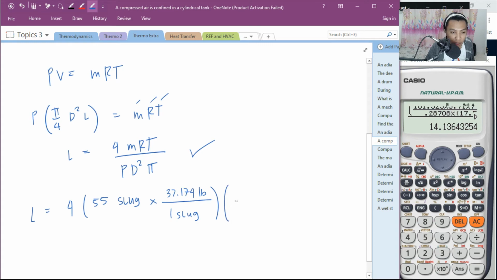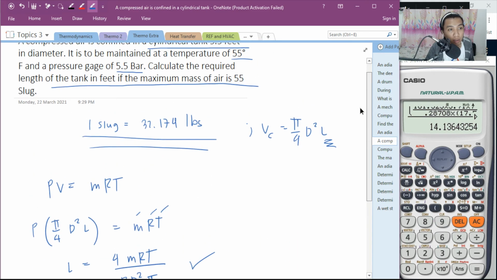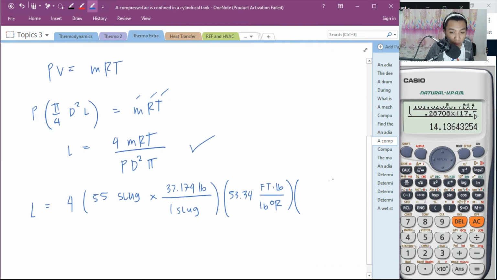The R for air is 53.34 feet pound per pound degree Rankine. The initial temperature is 55 degrees Fahrenheit, 55 plus 460 degree Rankine right away.